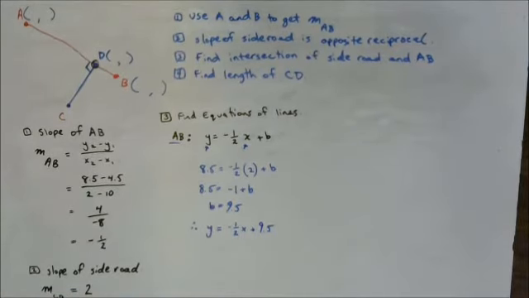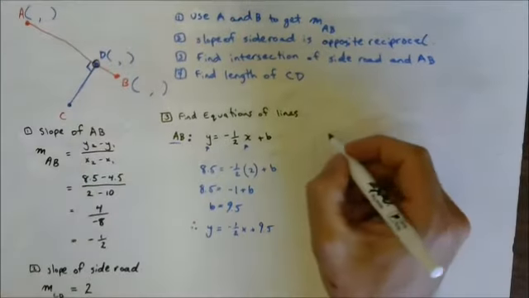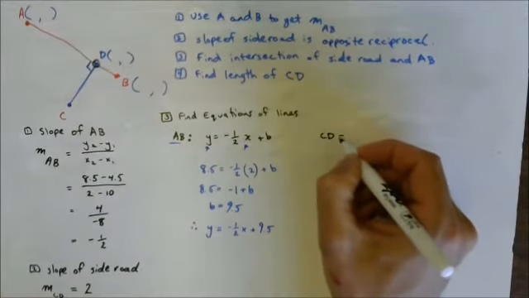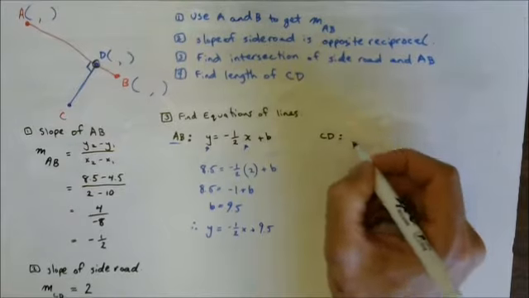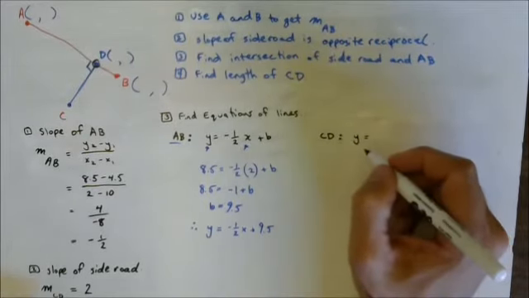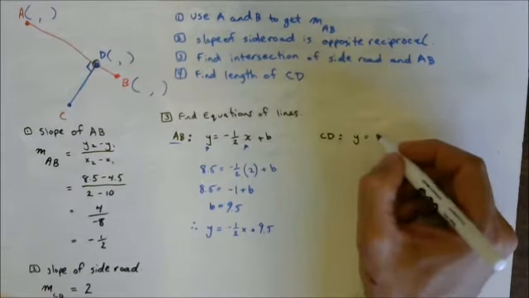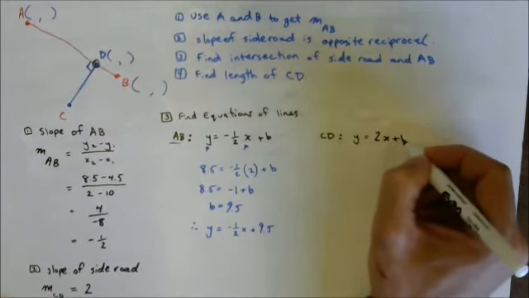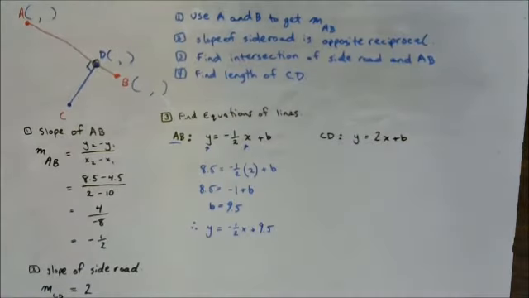We're going to do the same thing for the line CD. That's the new road. An equation for that line in slope-intercept form, we know the slope down here is 2. So we've got y equals 2x plus b. Now we need to solve for b by subbing in a point that we know.